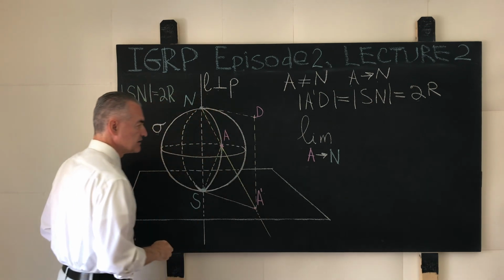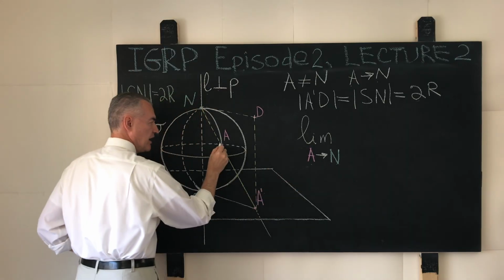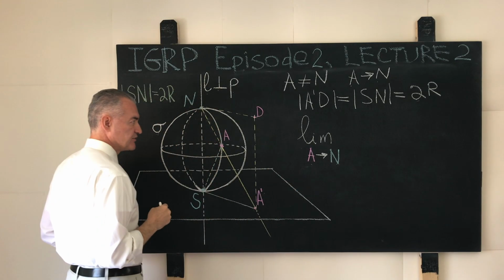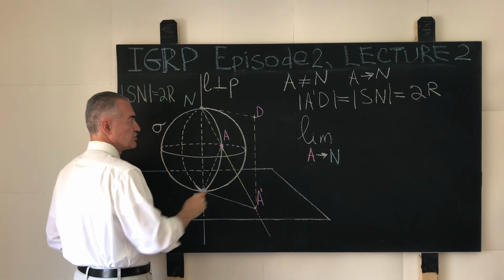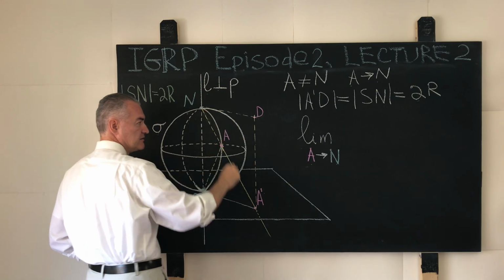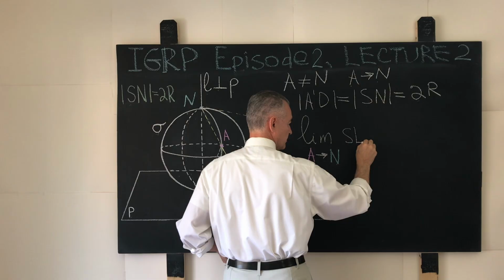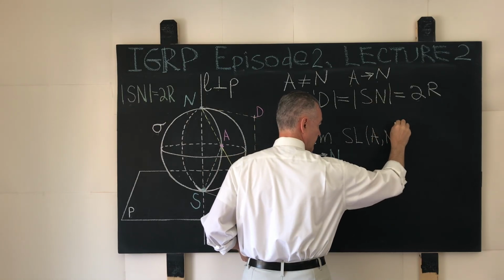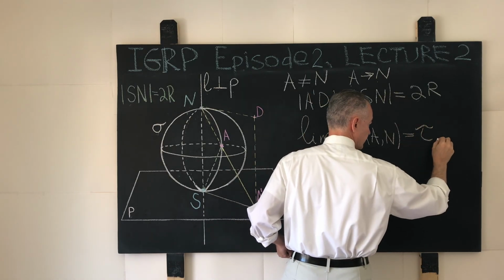And in this limit, when A tends to N, the point A gets closer and closer to the north pole of the Riemann sphere N. Then our straight line NA, the straight line that passes through the points A and N, will become the so-called tangent.